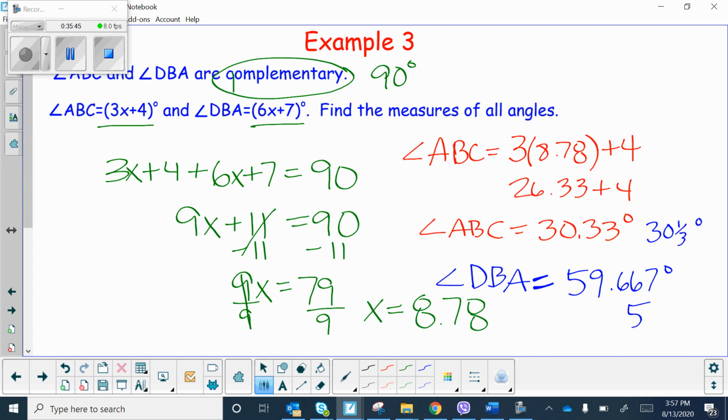This one would be 59 and 2/3 degrees. You do not have to leave it in fraction form. Decimal's perfectly fine. Okay, and that concludes these notes.